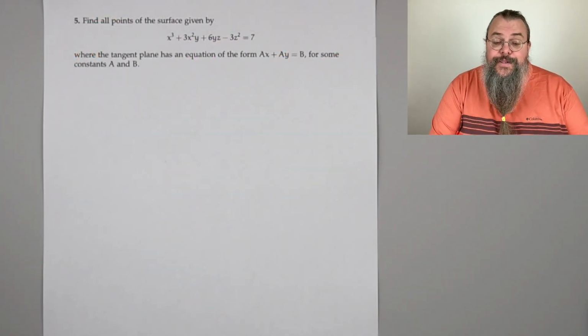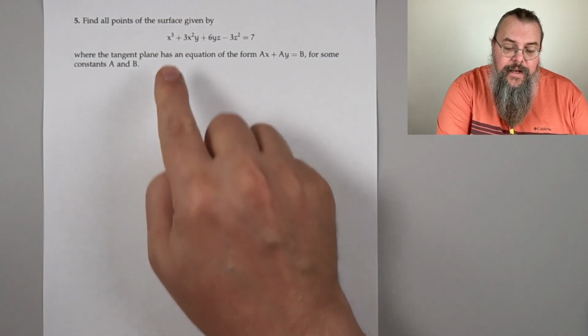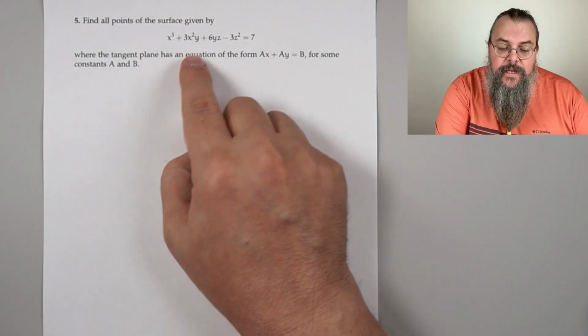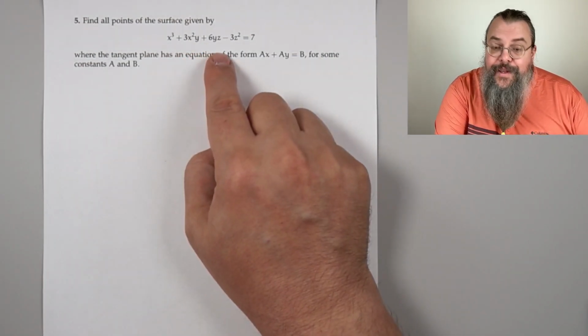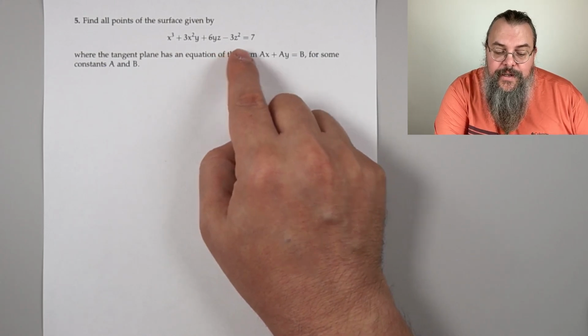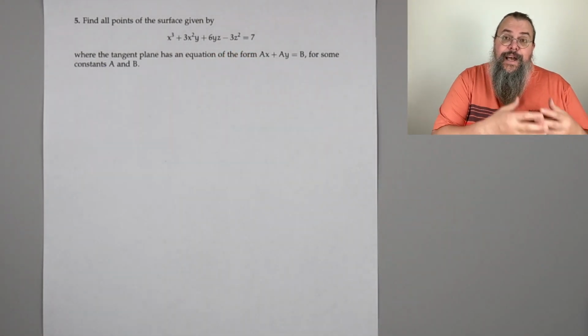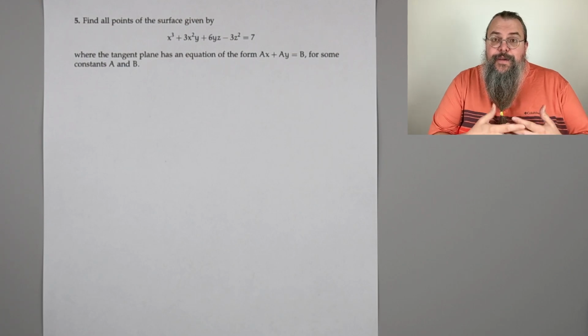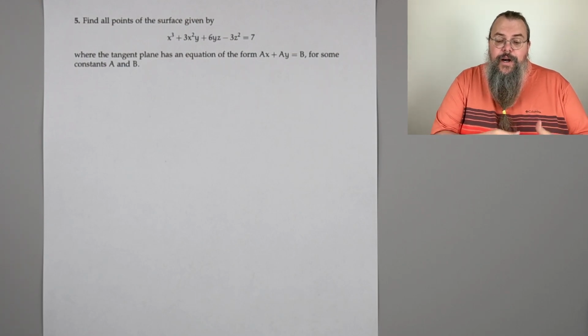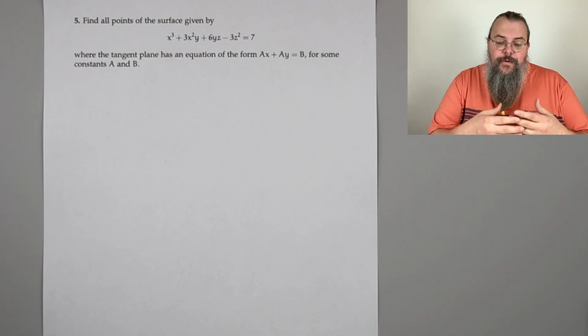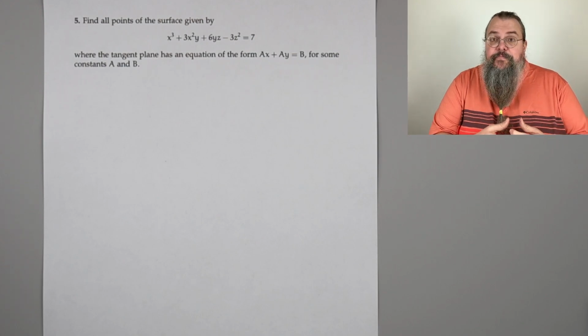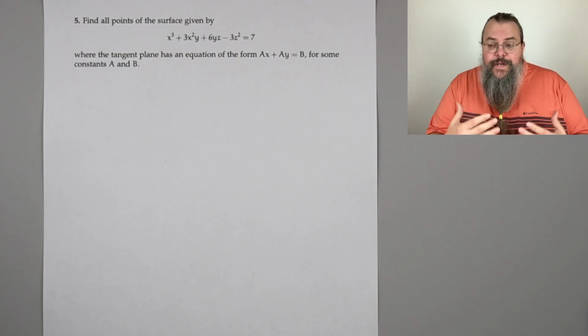Number 5. Find all points on the surface given by x cubed plus 3x squared y plus 6yz minus 3z squared equals 7, where the tangent plane has an equation of the form ax plus ay equals b for some constants a and b. Now, what are we doing here?